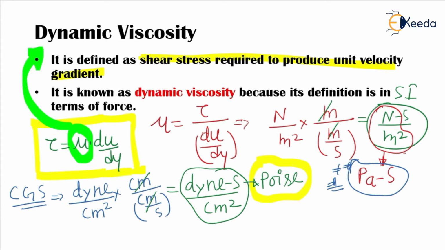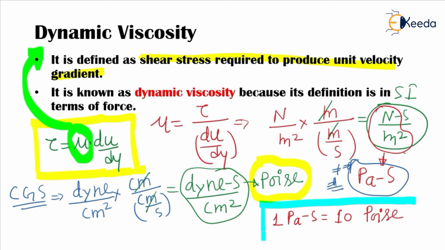So we should know that 1 Pascal second, always remember this, 1 Pascal second is equal to 10 poise. So you should also keep this in mind. Very important unit. This we should remember.